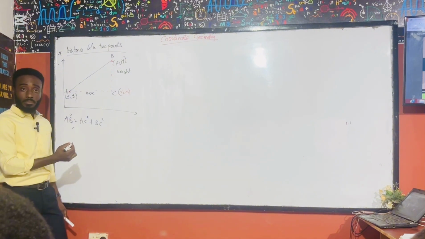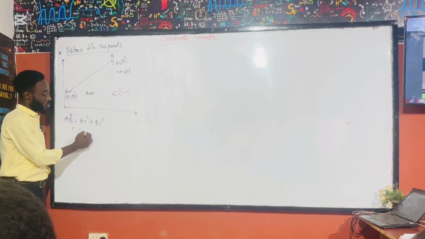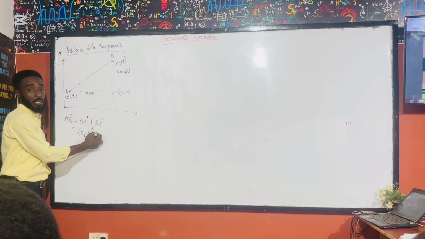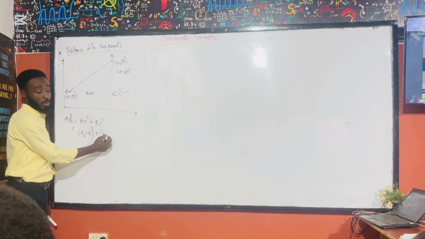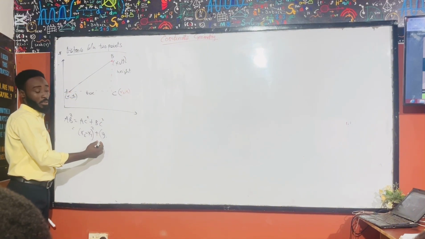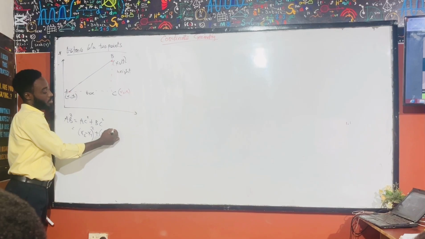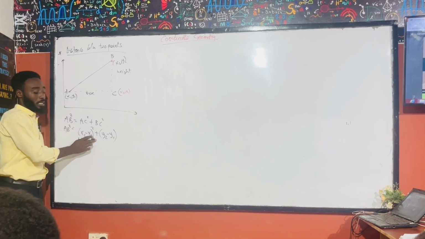Now, what's the length of AC? It is x2 minus x1, all squared, plus the length of BC, which is y2 minus y1, all squared.